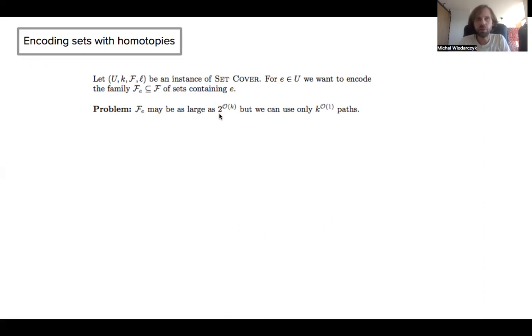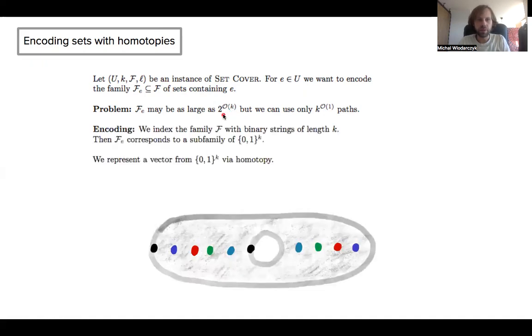So we cannot afford creating even a single path for each set here. So to do it in a different way, we index the family F with binary strings of length k, and then the family F_e corresponds to a subfamily of such binary vectors.